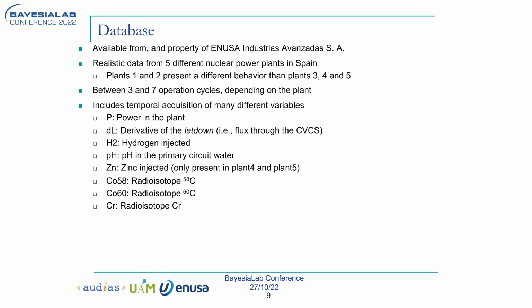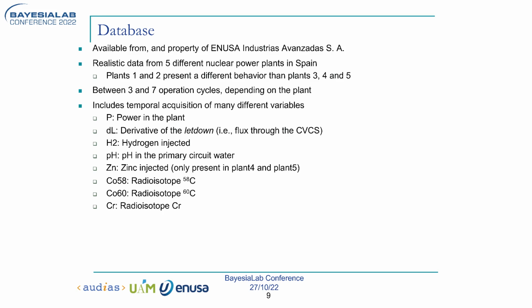The derivative of the letdown, let's say the flux to the circuit used to clean the primary loop, the concentration of hydrogen injected, the pH in the primary circuit water, and the amount of zinc injected in the mix, which is only present in plants 3, 4, and 5, because these are the plants that inject zinc.